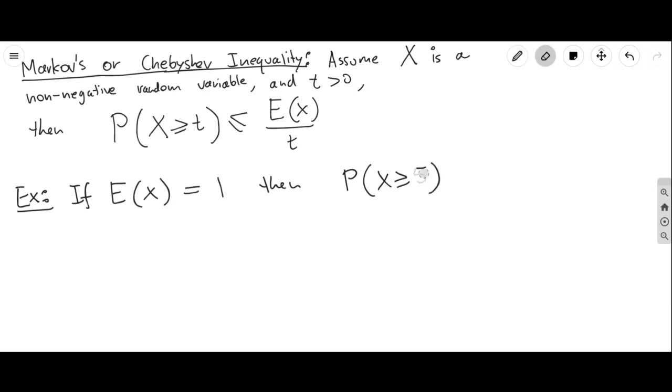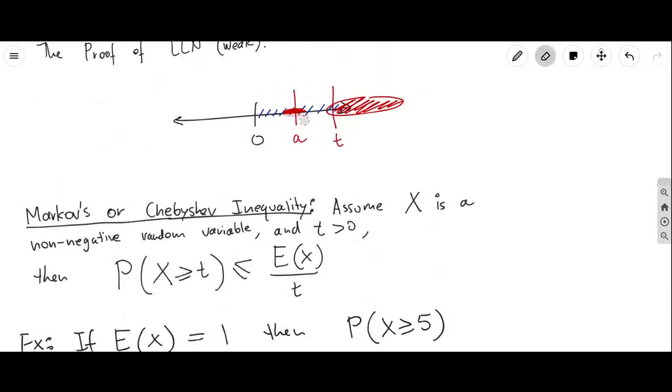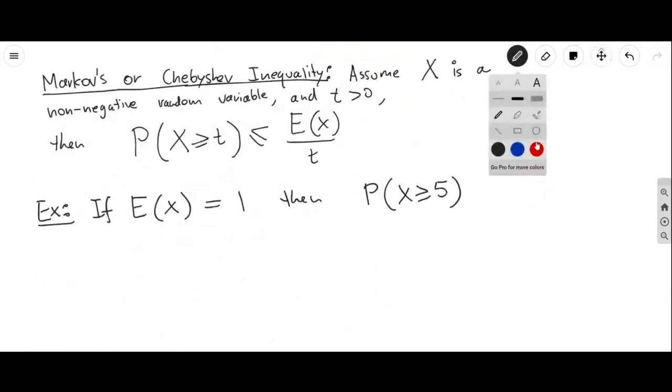So this is not supposed to happen. The expectation is 1, so we expect the random variable to be somewhere around 1. That's why we call it concentration. How much is it concentrated at its average? And this is a tail. You can call this a tail. The probability of a tail.